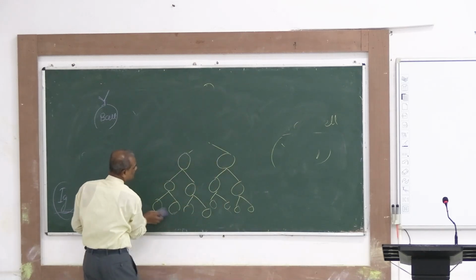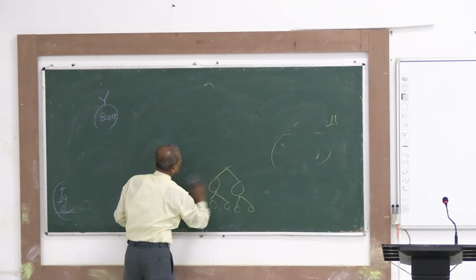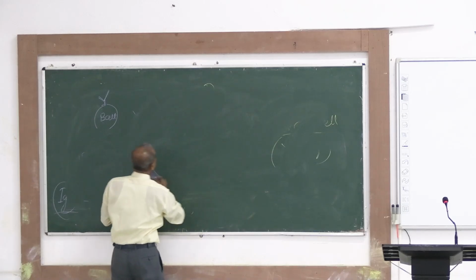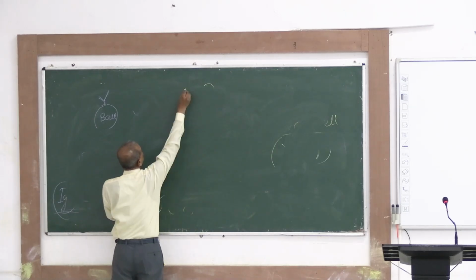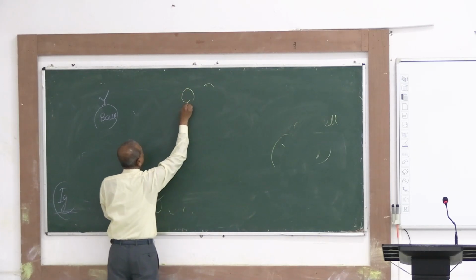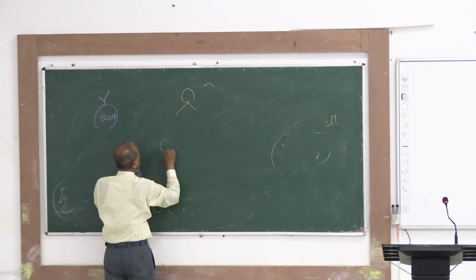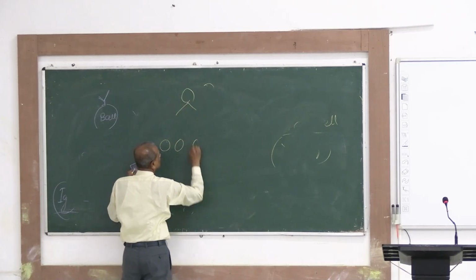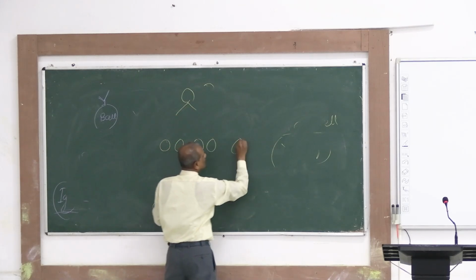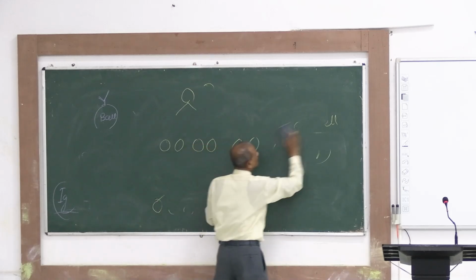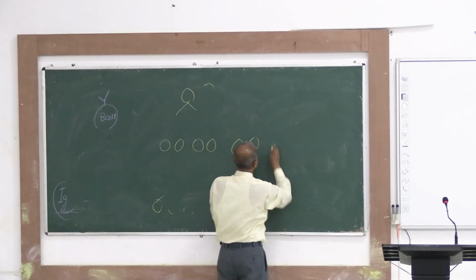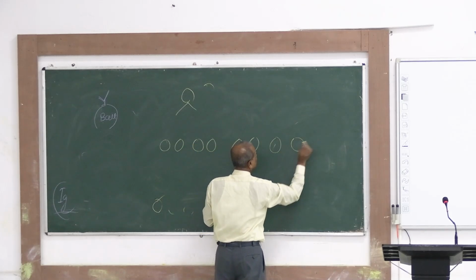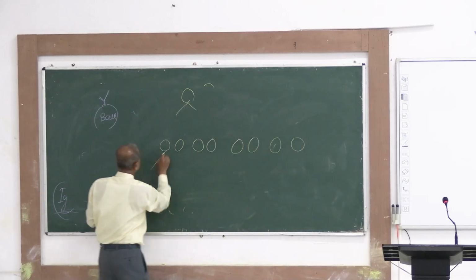So, up to this stage, 8 cells you have seen. So, from a single cell, ultimately we get this many cells, and again this will divide.